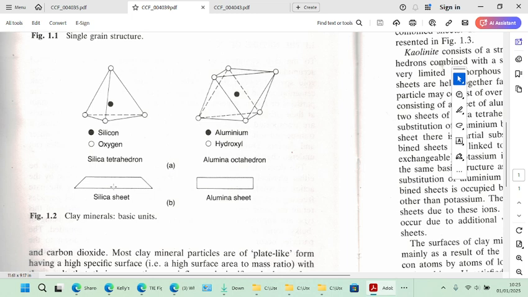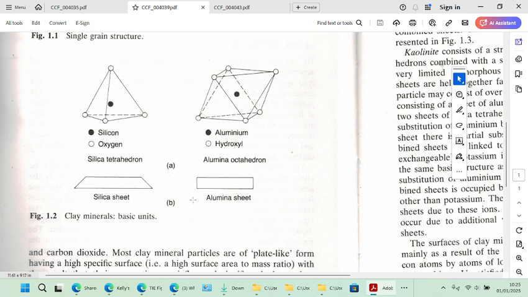Silica tetrahedron, aluminium octahedron, tetrahedron, like a triangle one. So silicon in the middle with oxygen around it. Aluminium octahedron, aluminium with hydroxyl around it. Alumina sheet, silica sheet, so it's wide.